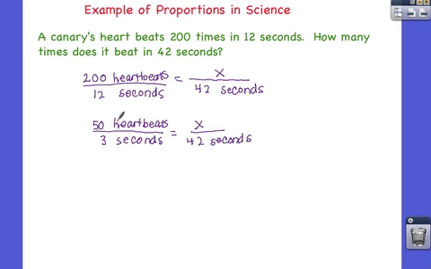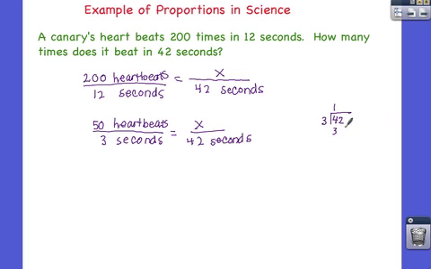Now notice, we can cross multiply here. Or, if you recognize that 3 goes into 42, you can also use equivalent fractions like we did in our do now. So feel free to use either strategy that you feel is easier or more efficient for you.